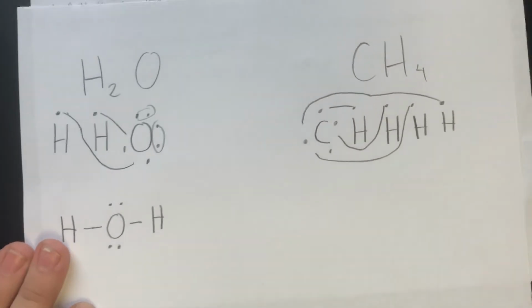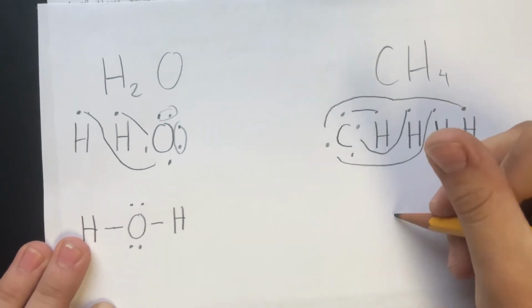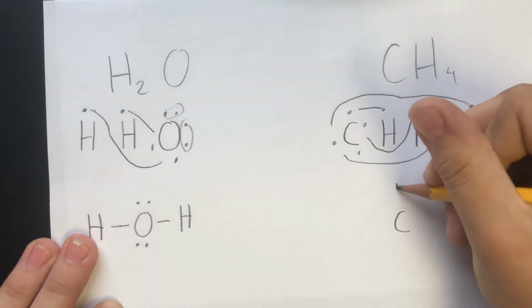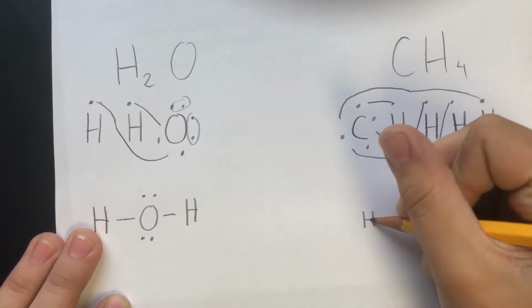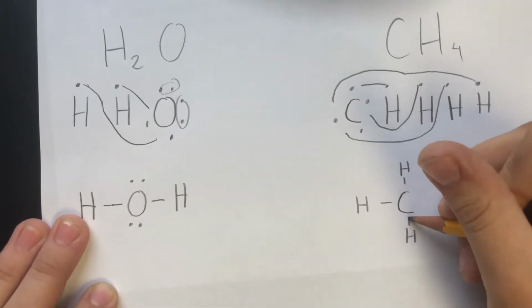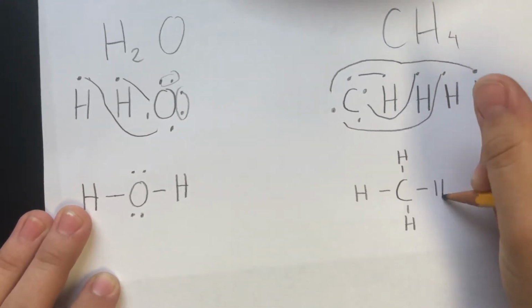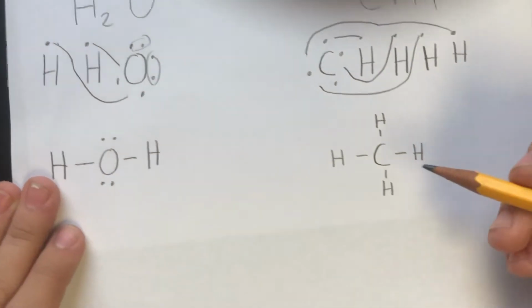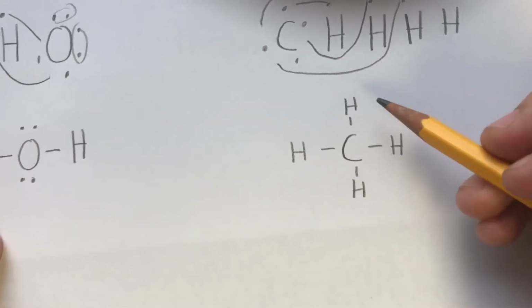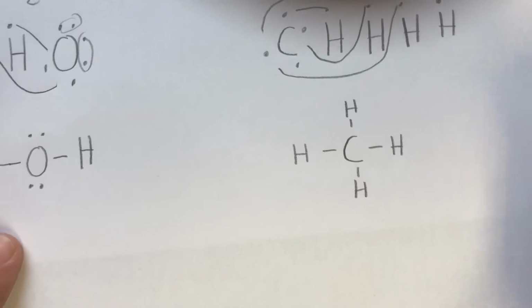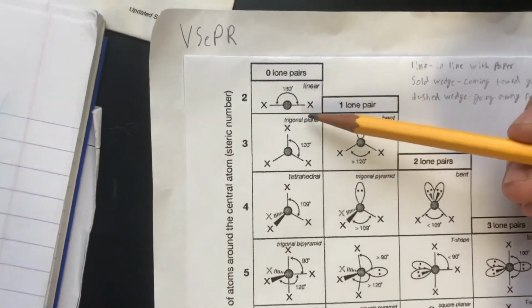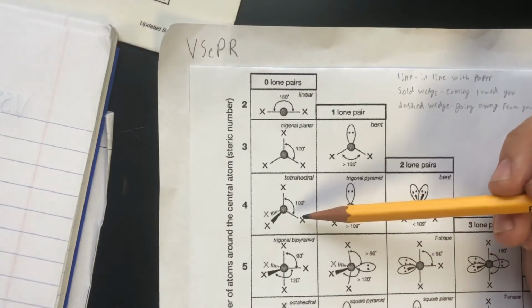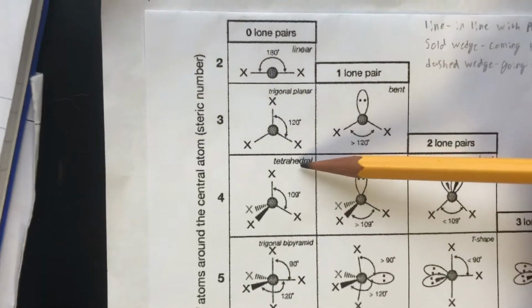So since we want it to be a pretty picture, we're going to change it and rearrange so that the lines do not cross. Now, as you can see, on this one, we did not have any lone pairs. So when we go to the VSEPR, we are looking for 0 lone pairs and 4 connecting points. This makes this one a tetrahedral.